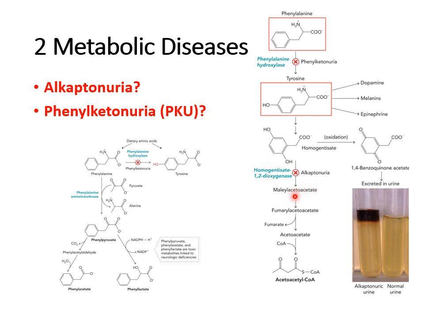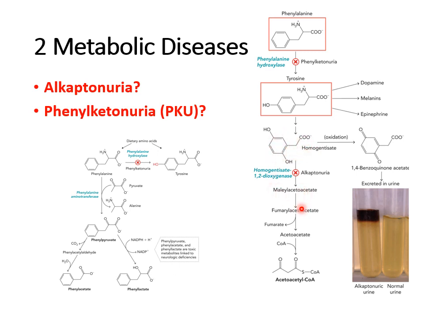And when you have that mutation, you end up having a buildup of this intermediate over here, the homogentisate. And with this one, if you see that there's a disruption in the enzyme right after an intermediate, that means you get a ton of this guy because you can't break it down.